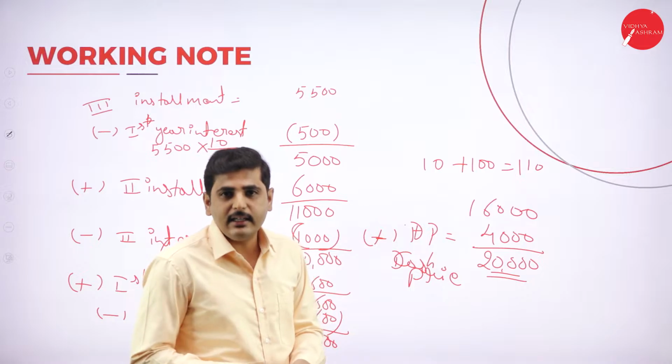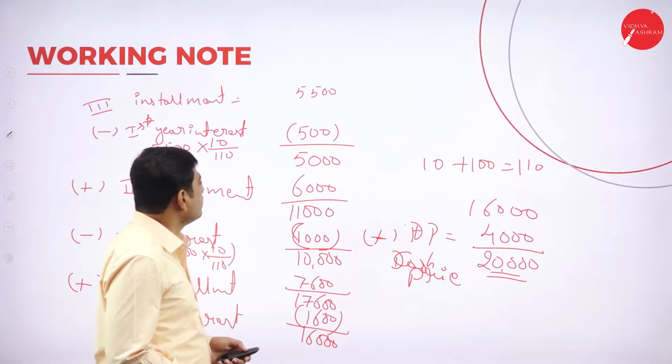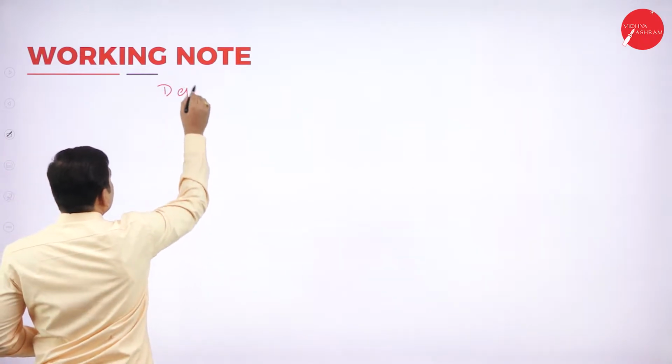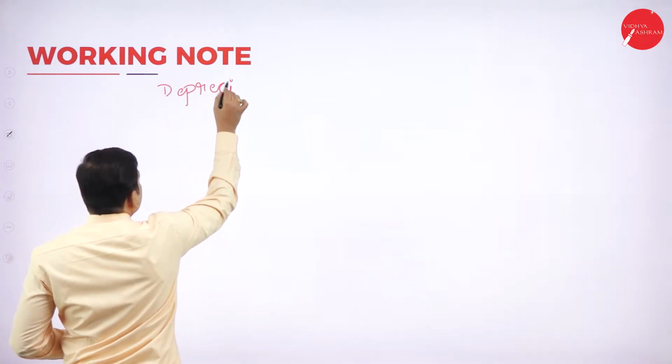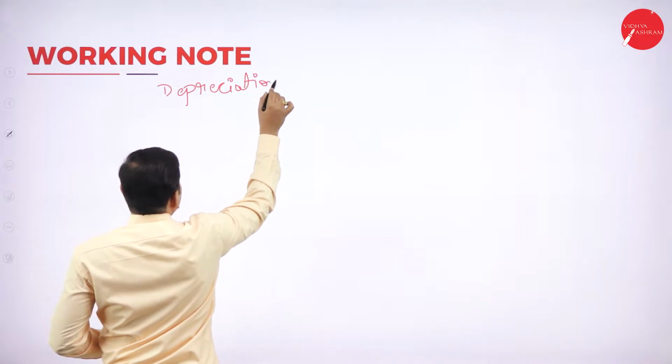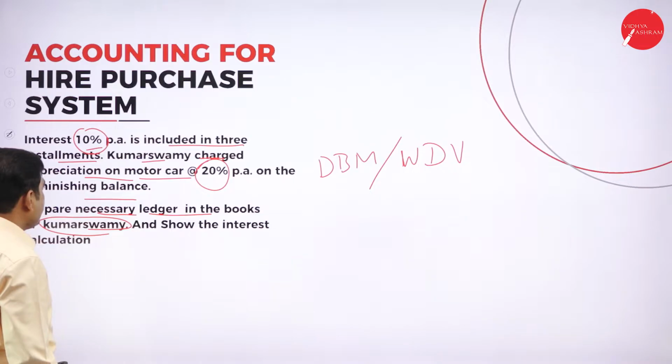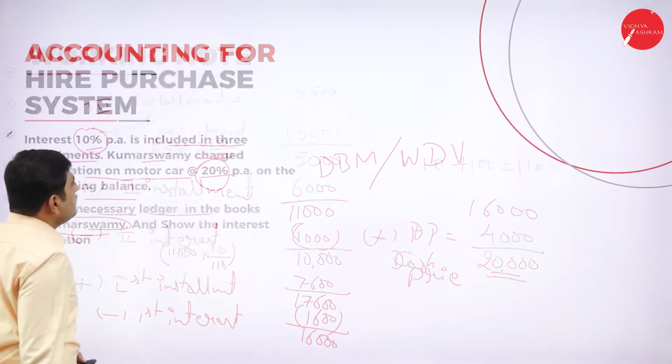Now let's calculate the depreciation. So what is the rate of depreciation? So rate of depreciation is 20% per annum.